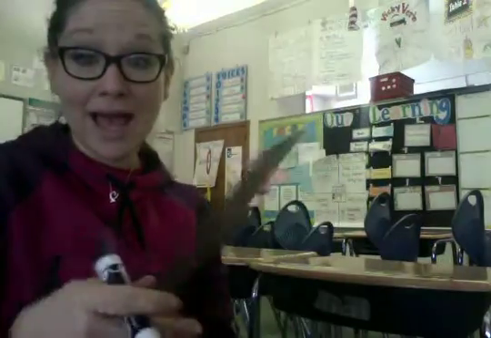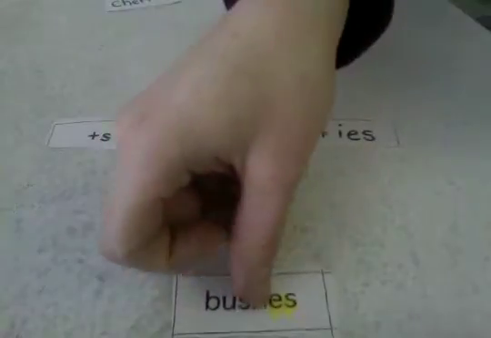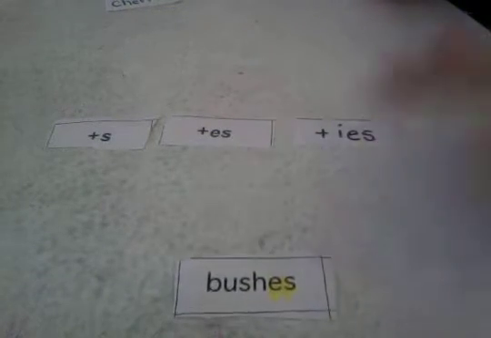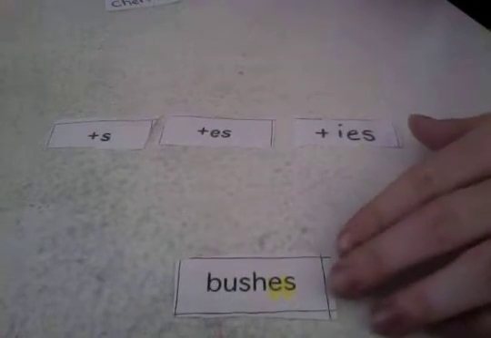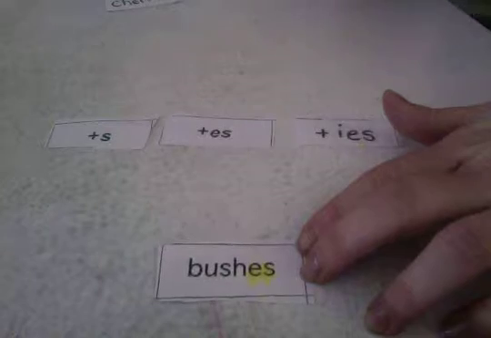So let's take a look at your actual sort for this week. I'm going to show you. Okay, so your headings are going to be to add an S, to add an ES, or if you drop that Y and add IES. For example, you might have the word this week of bushes. This is the plural version already. All of the words are the plural version, okay?